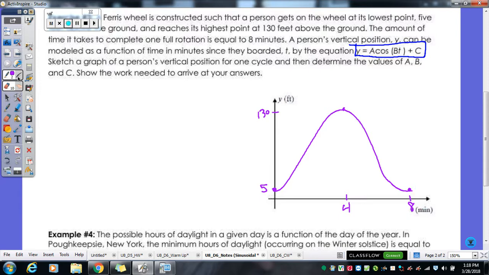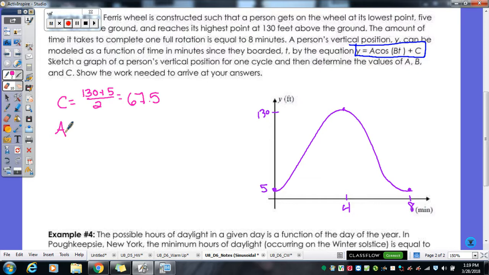So we have to determine the values of A, B, and C. So again, you have to get C in order to find your A. So high plus your low divided by 2. It's going to be a decimal. 67.5.